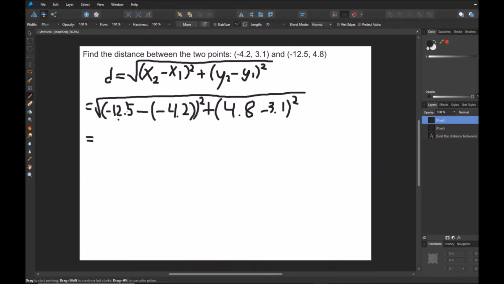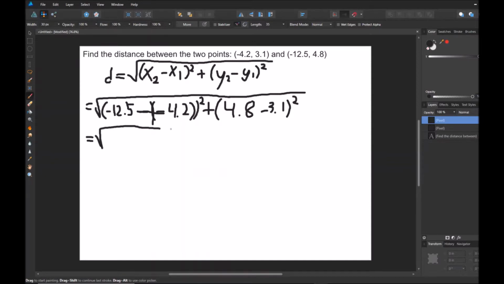So negative 12.5 minus negative 4.2 is the same thing as negative 12.5 plus 4.2, which, if we use our calculator here, because I don't know how to do that in my head, is negative 8.3.